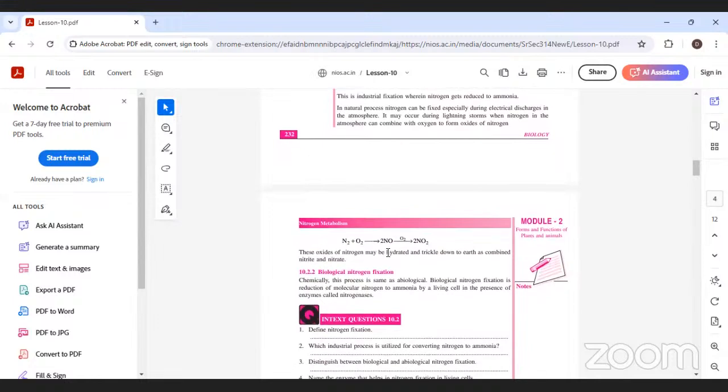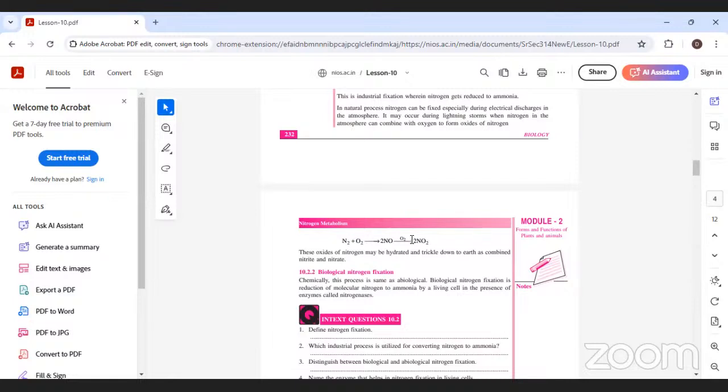Atmospheric nitrogen N2 combines with oxygen to form 2NO, which combines with oxygen again to form 2NO2. This oxidation product may be hydrated and trickle down to earth as nitrite and nitrate. This is an abiological process.